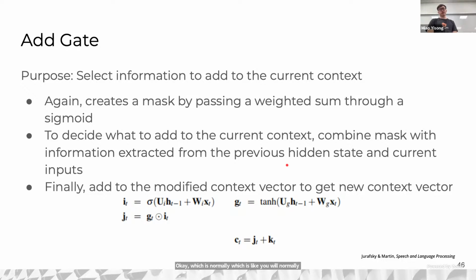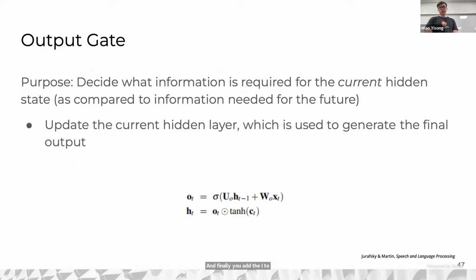That's how you decide what to add to the current context. And finally, you add it to the modified context vector to get the new context vector. And lastly, there's the output gate, which updates the current hidden layer, which is used to generate the final output. So that's how you get the output normally.